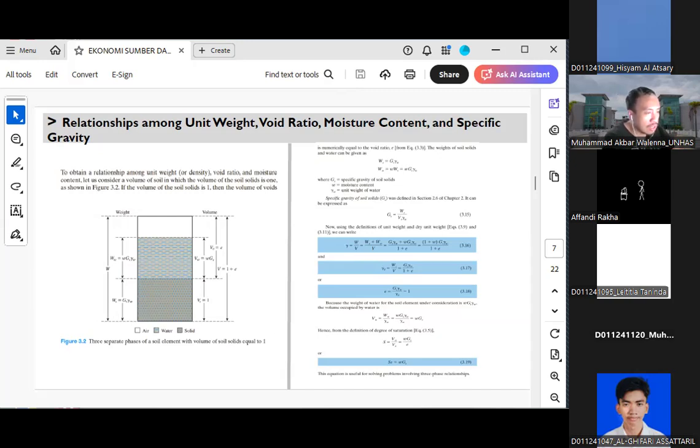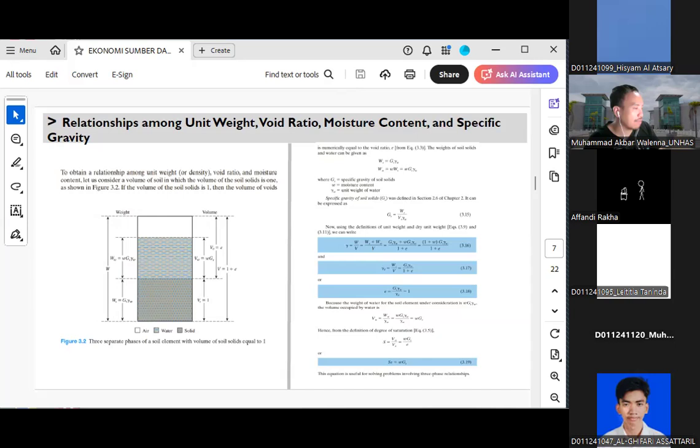You can use equation 3.19, which shows that to calculate the degree of saturation, you multiply moisture content with specific gravity divided by void ratio. What this formula tells you is that degree of saturation is about how much of the voids are filled with water, and you can see that it is linked with moisture content, void ratio, and specific gravity.